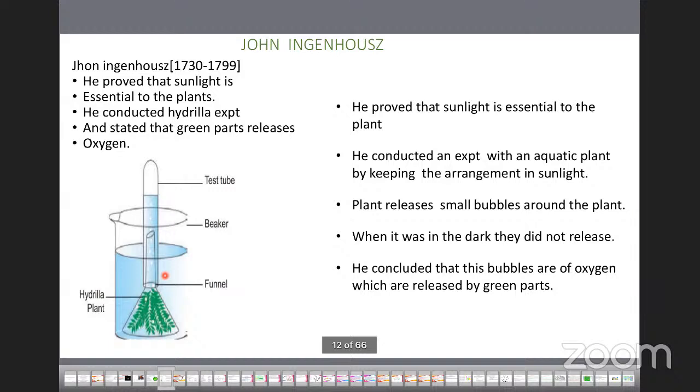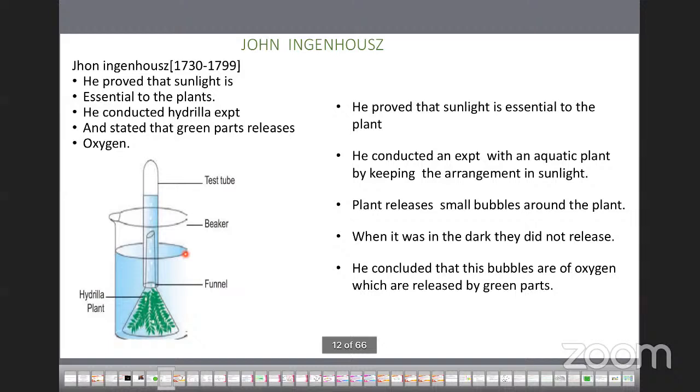Any changes? Yes, they observe bubbles coming out from the stalk of the thistle funnel into the test tube, and a decrease of water. Initially, before arranging it in the open area, they marked the level of the water in the test tube and also the level of the water in the beaker.